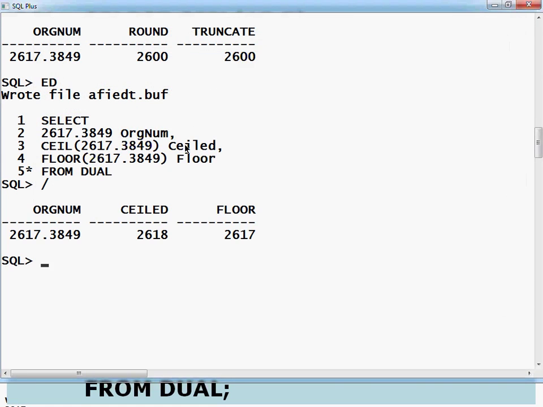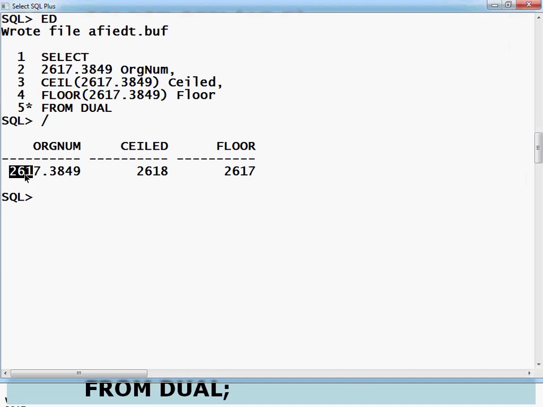And then you are just going down with the process. You watch now. For 2617 point whatever you have, the highest nearest integer is what? 2618. For this number, the lowest nearest integer is what? 2617. When I want to take a decimal value and return exclusively integers out of that, these functions will help me.